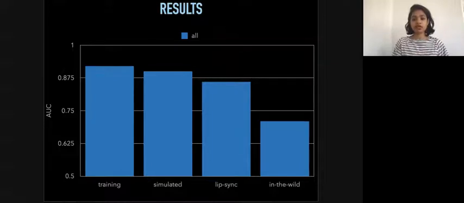Shown here is the accuracy of that classifier in terms of AUC on the training dataset, on the testing dataset of simulated fakes, on lip sync deepfakes that we created using a state-of-the-art lip sync synthesis method, and on in-the-wild lip sync deepfakes that were downloaded from the internet. We obtained on average an AUC of 0.84 on the testing dataset.